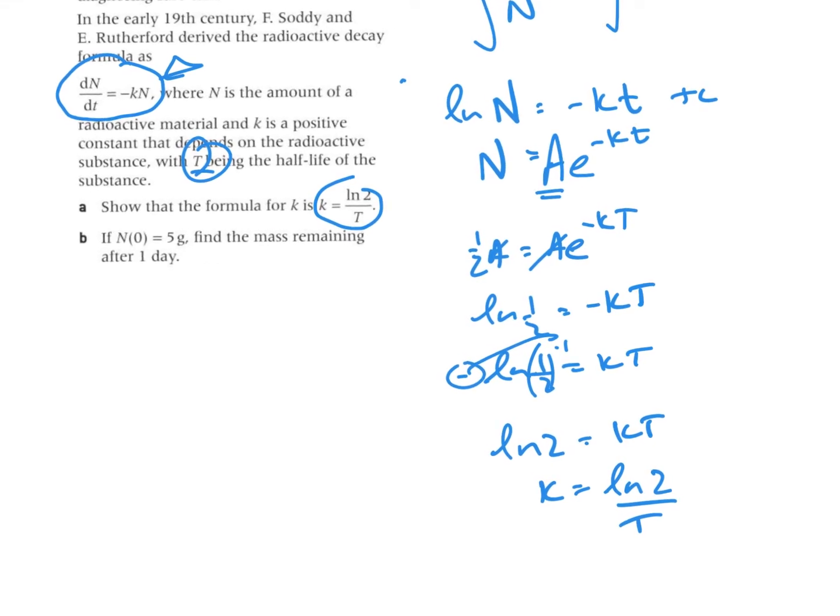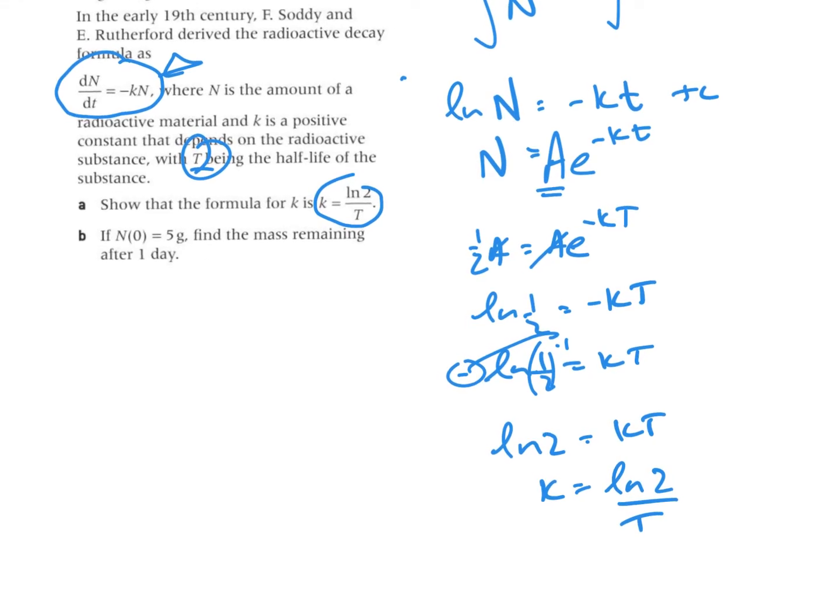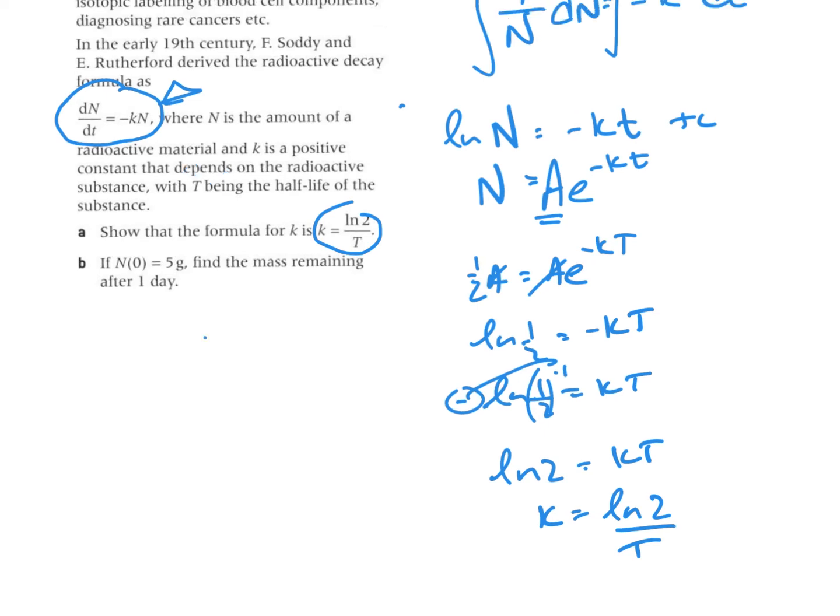A part is done. B part says if n at 0 is 5 grams, find out how much is remaining after 1 day. So continuing on, let me finish off the formula first. Now if I know what k is, n is equal to a e to the negative ln 2 over big T times little t. I can leave it as that if I want to.